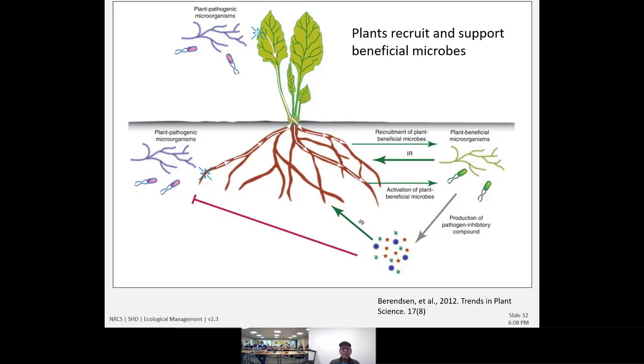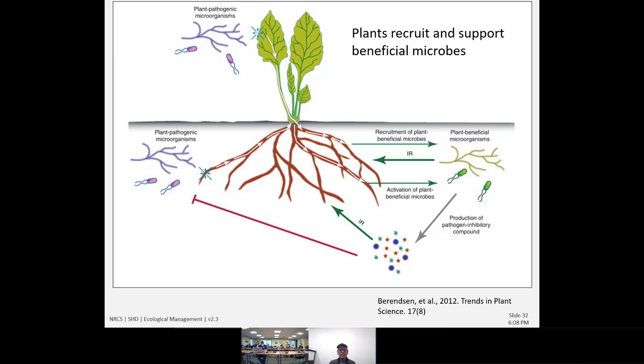So on the right side, the plant secretes something that includes the microbial stimulant, so that can recruit and activate plant beneficial microorganisms, and beneficial microorganisms can induce resistance.